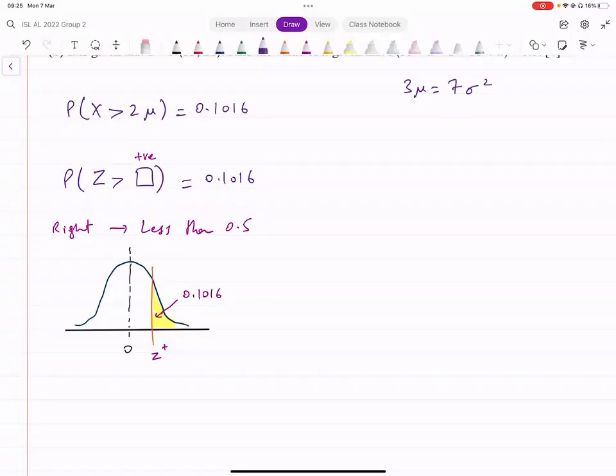We will say the region on the left here should be 1 minus this, right? ये कितना हो जाएगा? 0.89. No. Can somebody tell me what this is? 0.8984. Is that what it is? ये मुझे बताते हैं 1 में से माइनस करके.